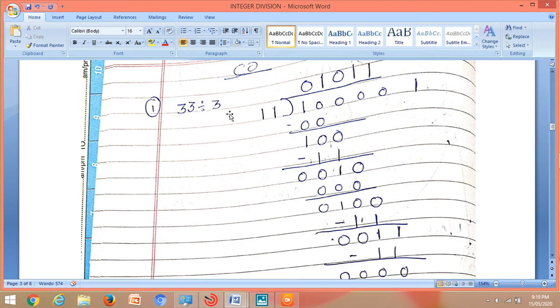We are not going to consider any negative numbers for the sake of simplicity. Okay, so let us check what is the binary of 33. The binary of 33 is 1 0 0 0 0 1, and binary of 3 is 1 1. As I have not taken the sign bit, therefore I have just taken 1 1. Otherwise it would be 0 1 1, and 33 would be 0 1 0 0 0 0 1.